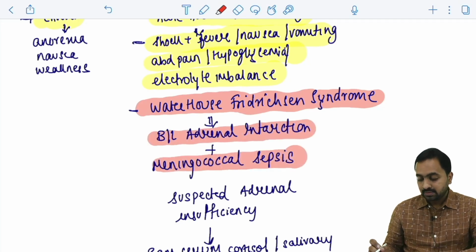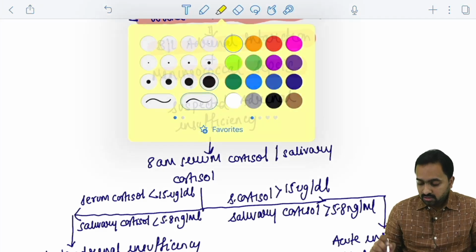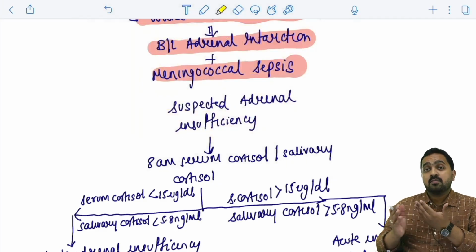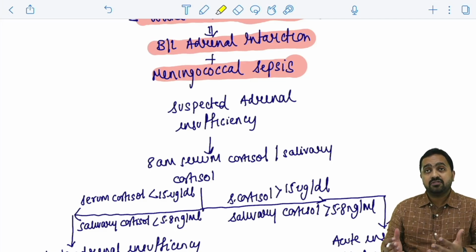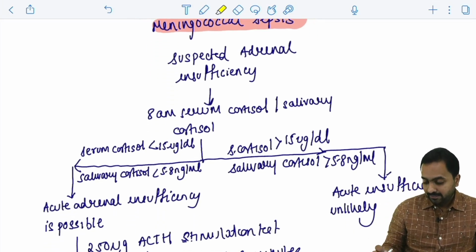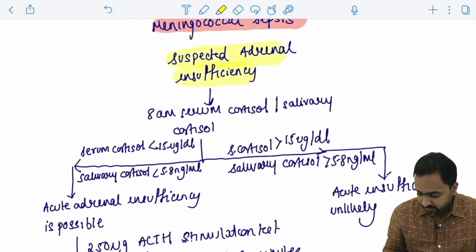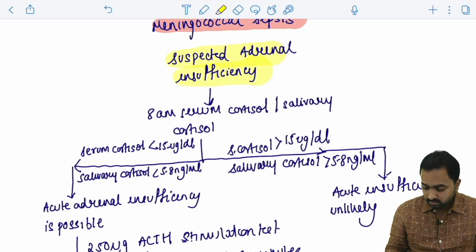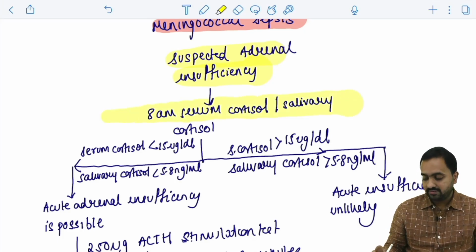Now, this is a flowchart depicting the establishment of adrenal insufficiency. Such questions would be usually asked in central exam institutes, where if you suspect adrenal insufficiency, the first step is to check the 8 a.m. serum cortisol or salivary cortisol level.